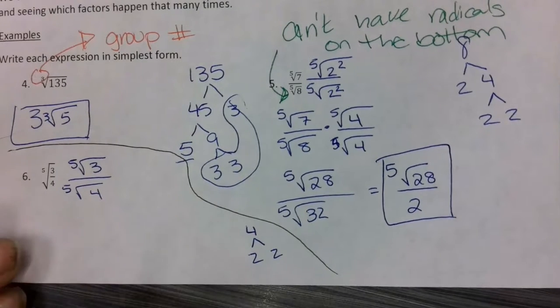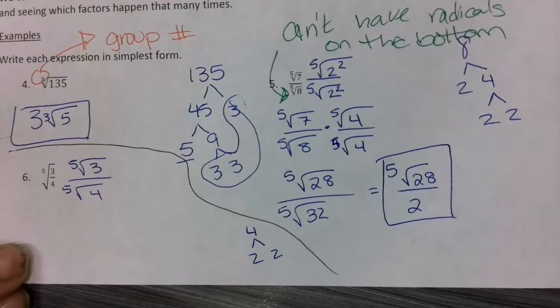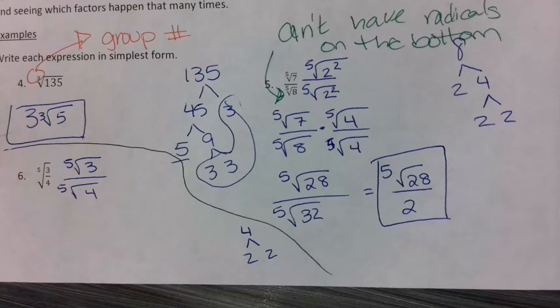Okay, so then what would this one need to be multiplied by? How many more 2's do I need to make it a group of 5? 3.